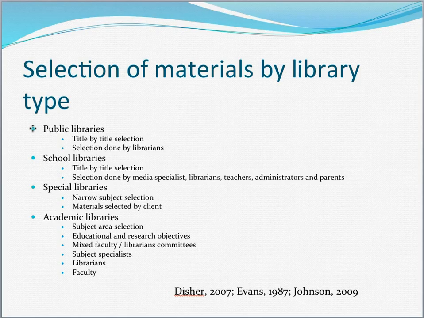In large academic libraries, they have subject specialists, and of course, depending if the community is a research university or if it's a teaching university, it will have different objectives. So it is very complex in terms of selection in academic libraries, especially, for example, with serials collections.